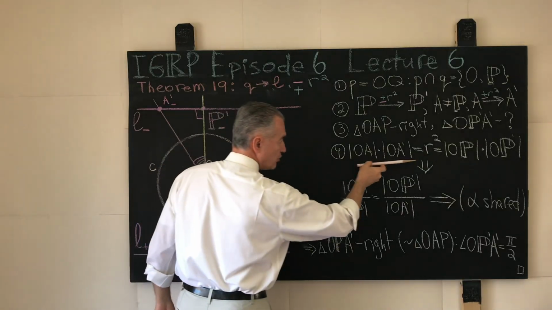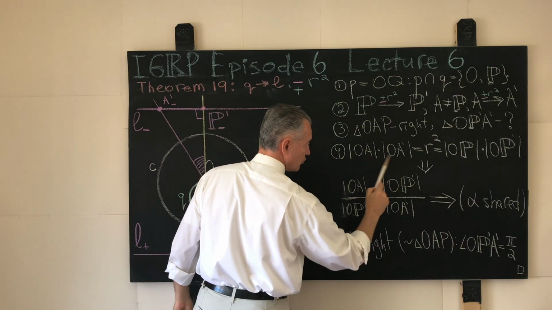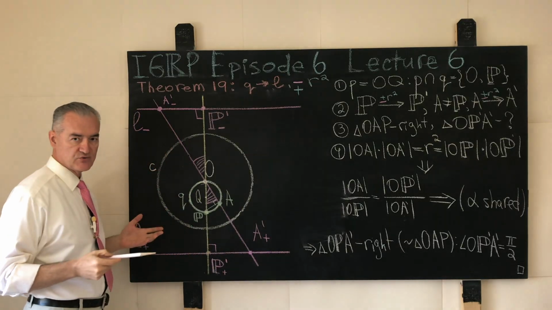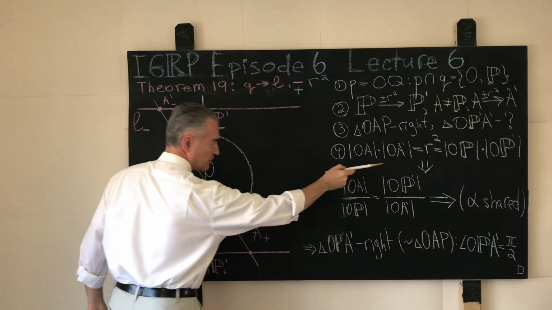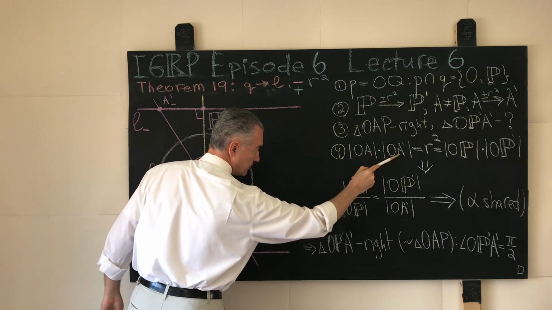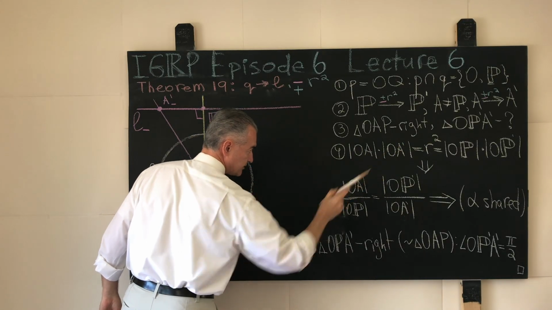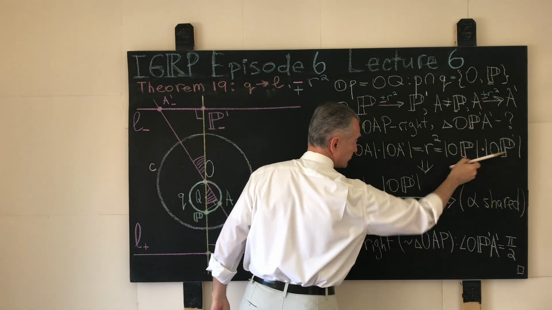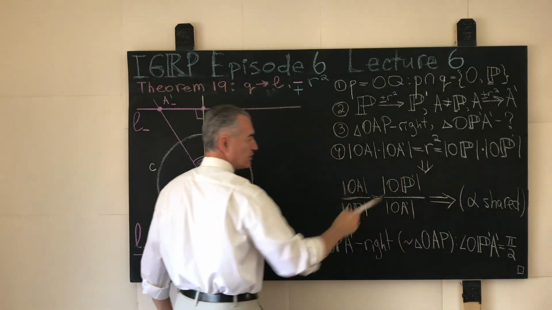Then for all the points in question, I did not designate this over here, but for the first case when the power of inversion is positive, we write it for the points A prime plus. We will have this relation. We will have the corresponding relation for the points P prime plus, one and the same.